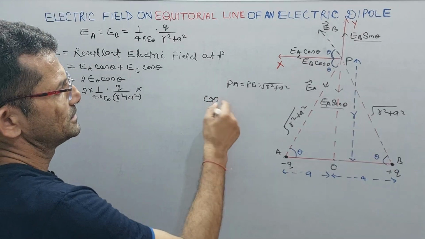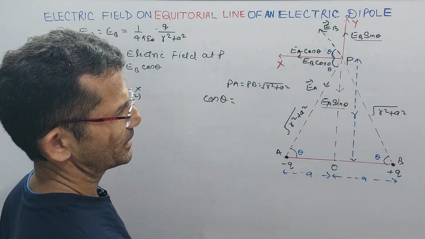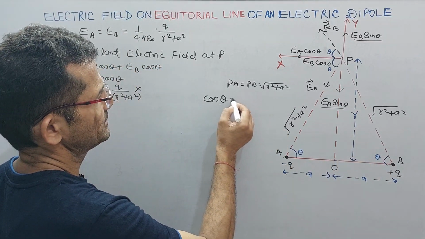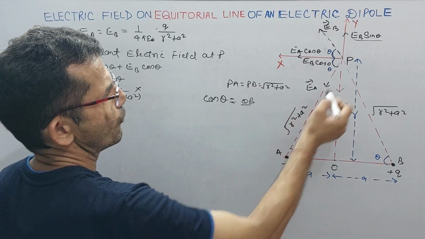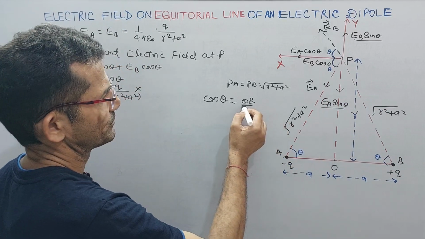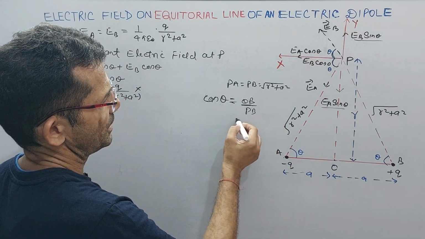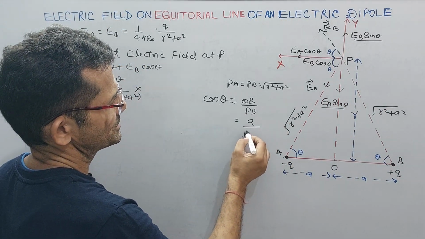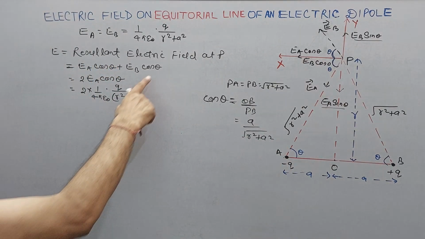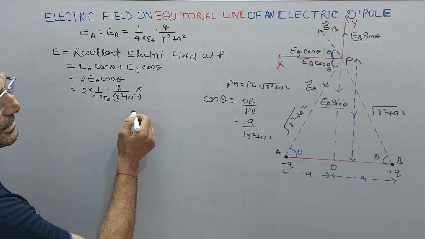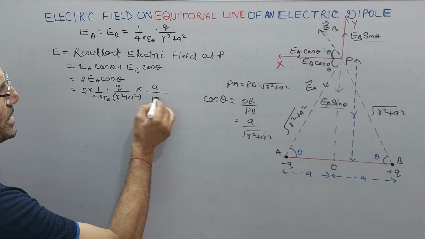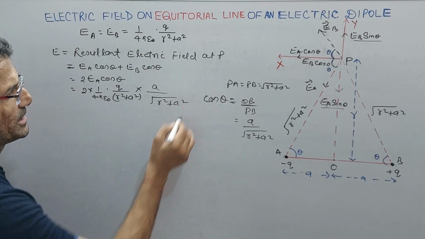Cos theta will be taken in the triangle, that is OB divided by PB. If I consider the triangle OPB, OB is a and PB is the square root of r square plus a square. If I place this value of cos theta here, it becomes a divided by the square root of r square plus a square.